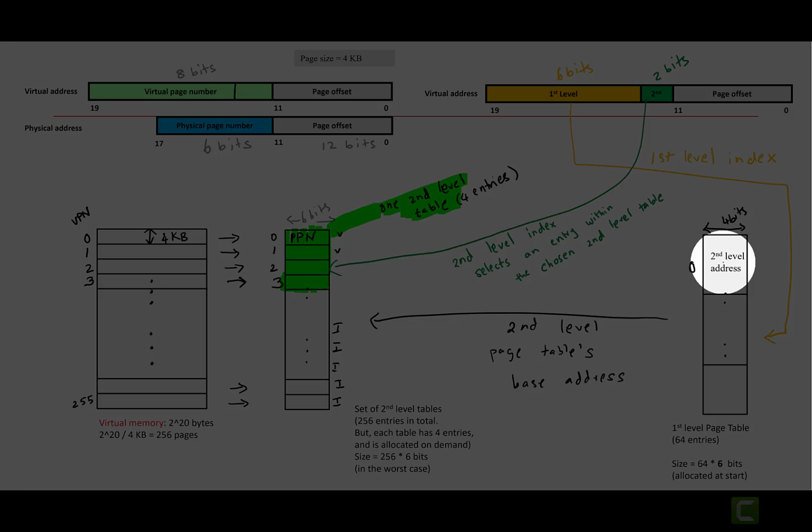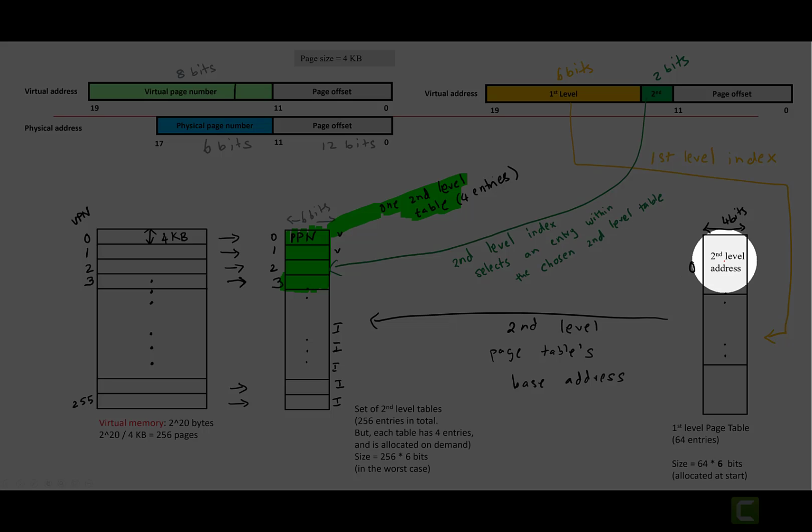So what do I do? Well, this entry is going to hold not the base address of the super page. Instead, it's going to hold the base address of a second level page table. What is the second level page table? The second level page table is essentially what I originally had, except that now I have broken that page table into much smaller chunks, each of size 4 entries.